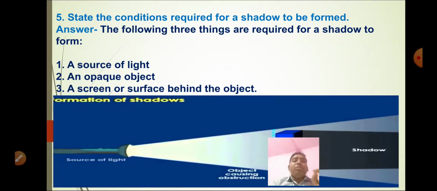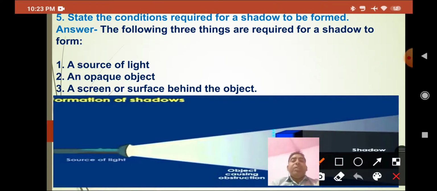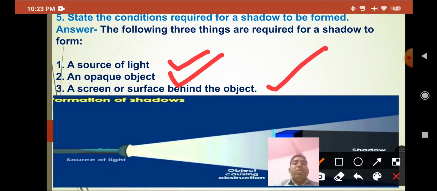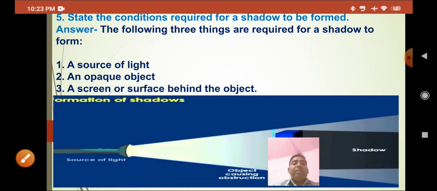Now the fifth question is: state the conditions required for a shadow to be formed. The first condition is that a source of light should be there, an opaque object should be there, and a screen or surface behind the object.